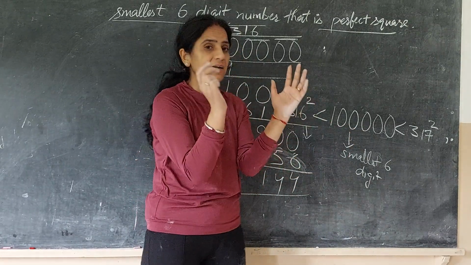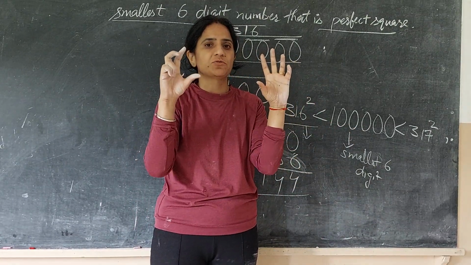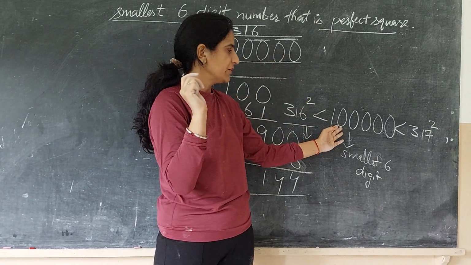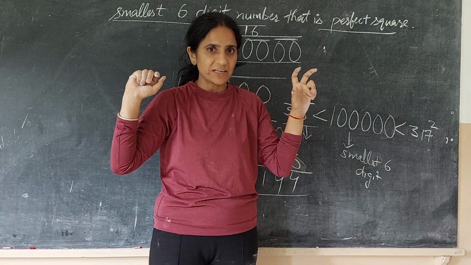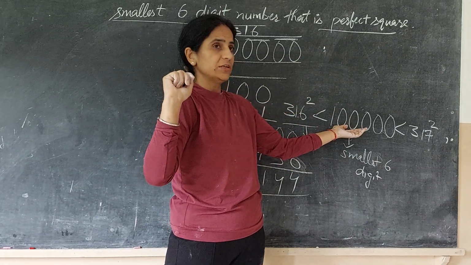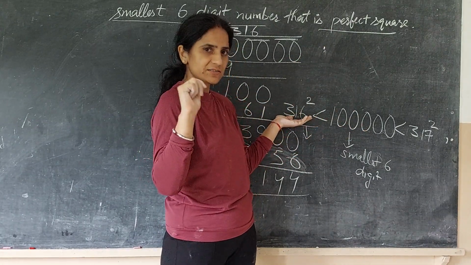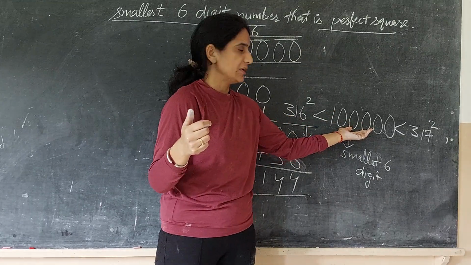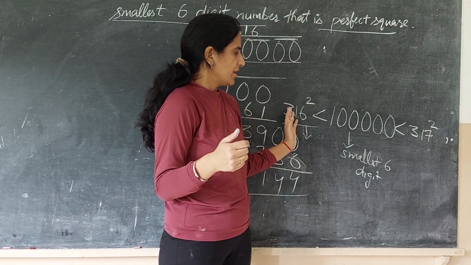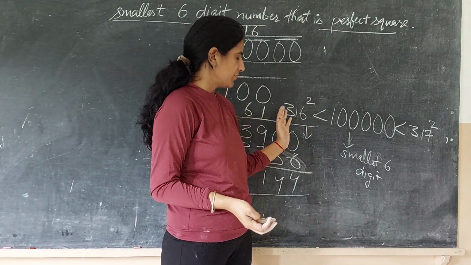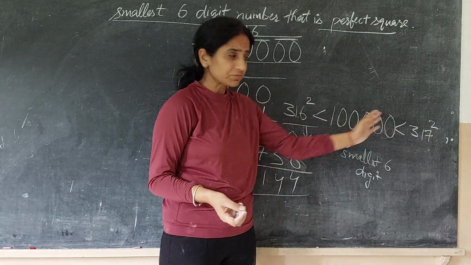Because it is actually between two perfect squares, 316 square and 317 square. The perfect square preceding this is this one, agree, and the perfect square succeeding this is this one. And there is no other perfect square between this number and that number.